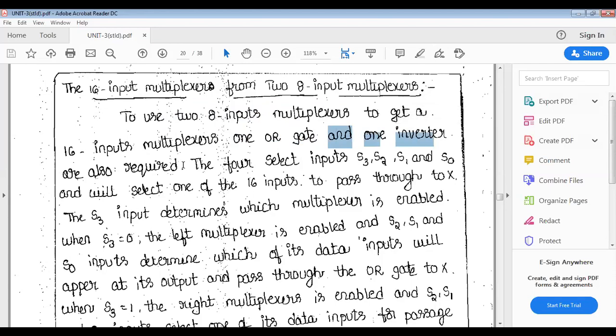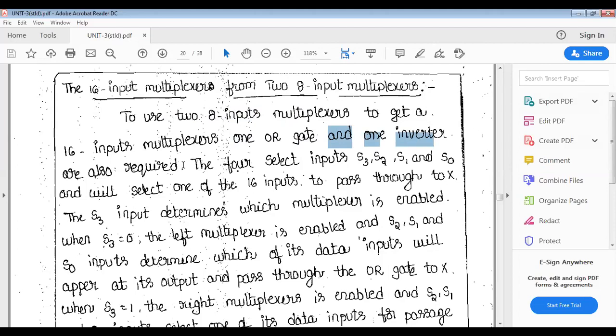What is the OR gate for? Combining the 2 outputs into a single output. And 1 inverter is also required. 1 inverter means, see, there is an inbuilt enable input of the multiplexer. You can use that enable input connected to the inverter.